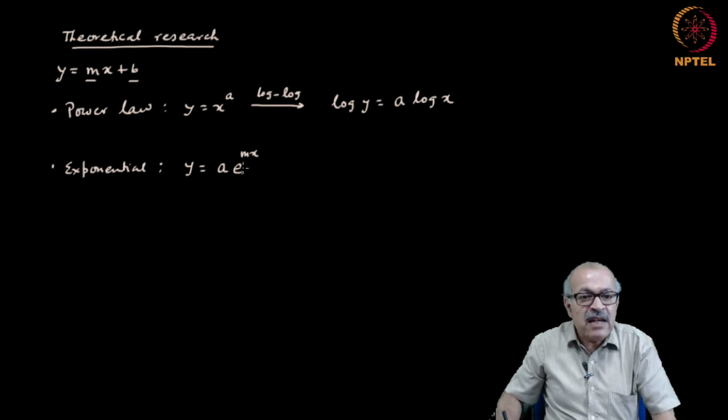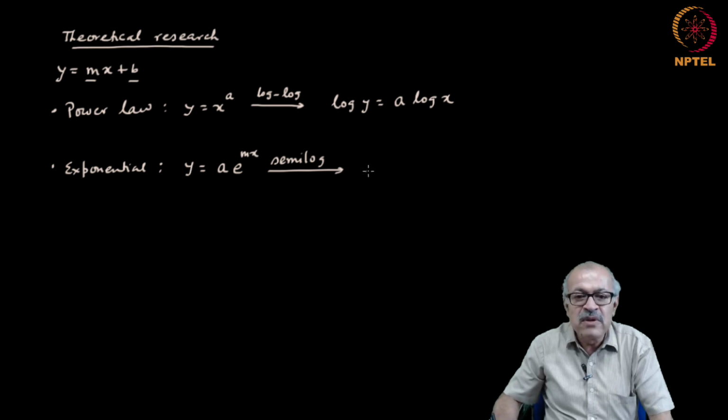In case of the exponential graph, we plot it on a semi-log graph, where this will be in ln and this will be just plotted. So, this will be ln y is equal to, this will be ln a plus this will be just mx.